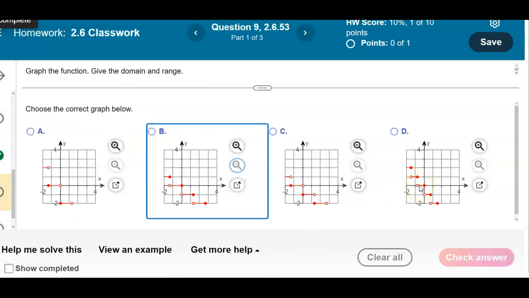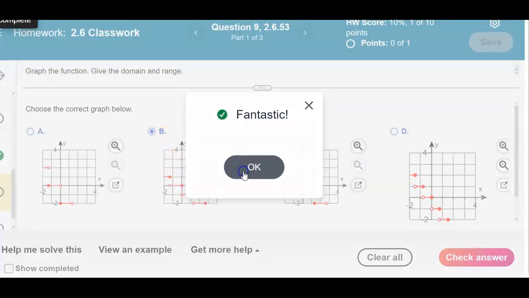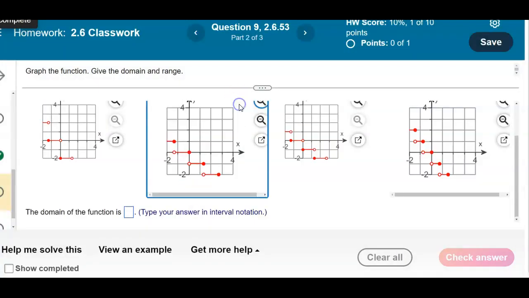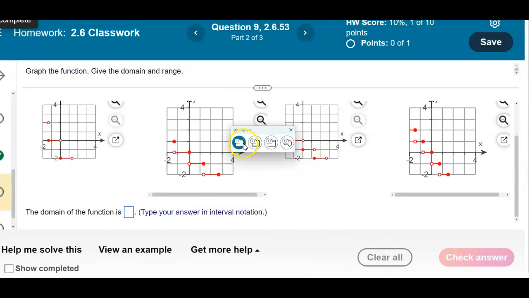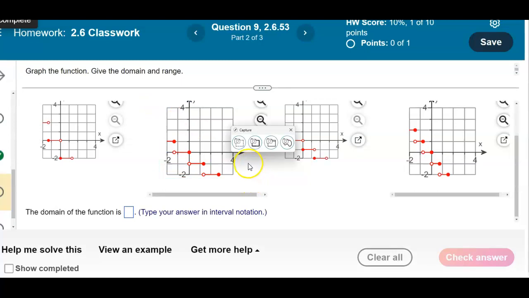If you look at D, this is in between the 1. So we have to decide whether it's going to be D or B. So we click B because of the following, and let me show you. I want to show you the difference between these two. Okay, so we're going to compare these on that graph.